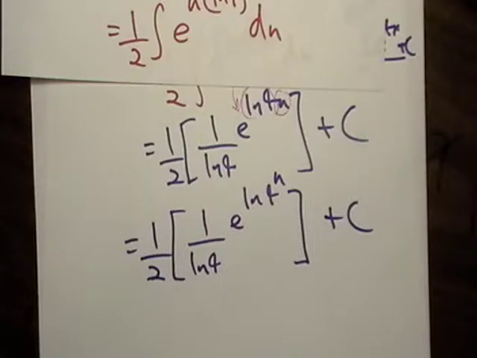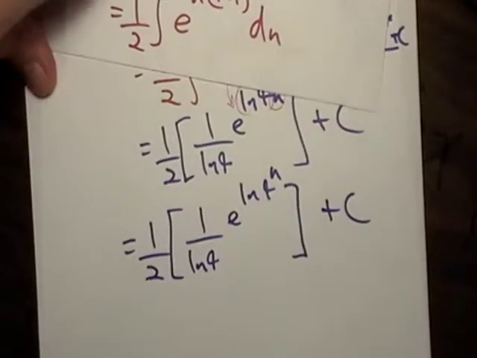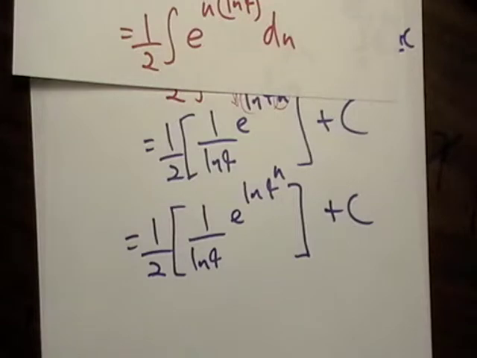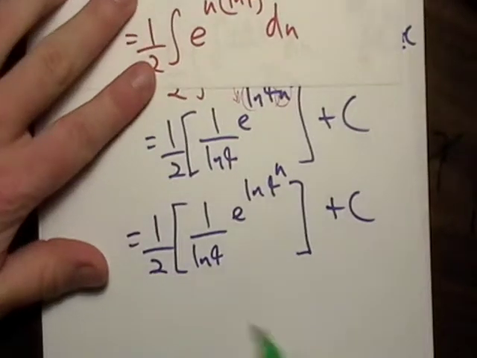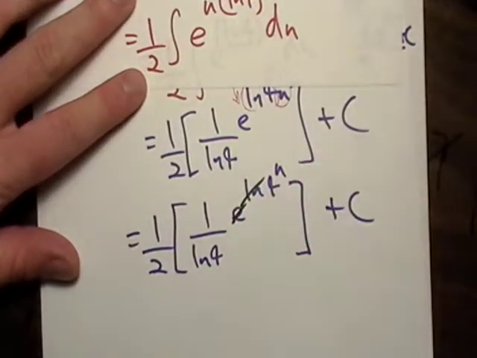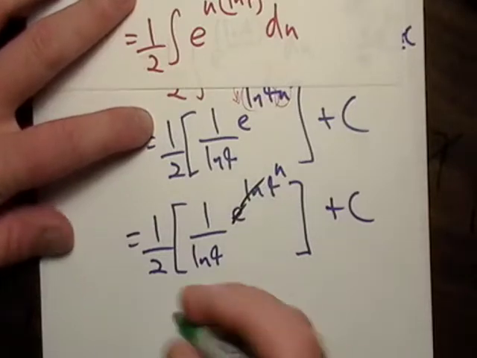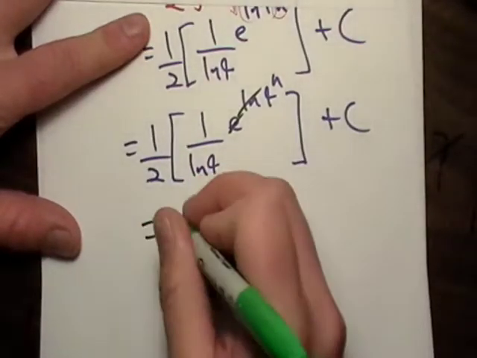If you remember from your algebra days, or maybe from my algebra videos about logs, you know that this business cancels out and leaves you with something that looks like this.